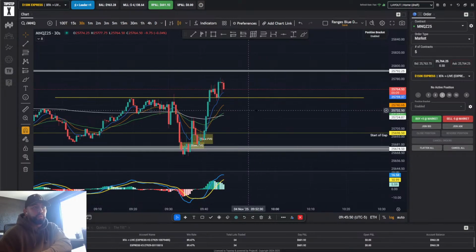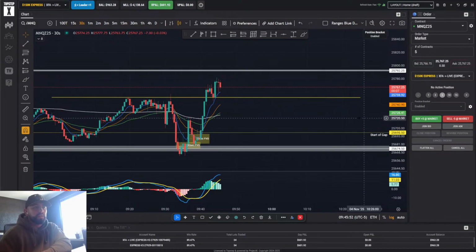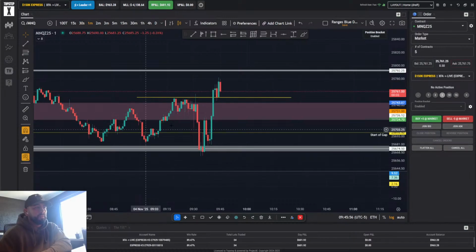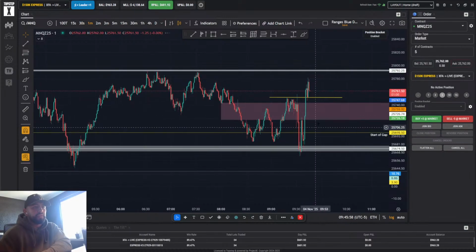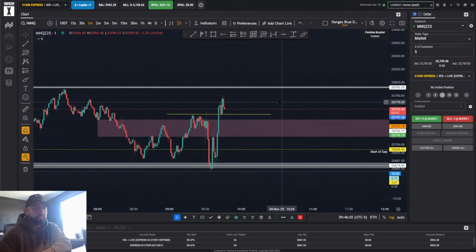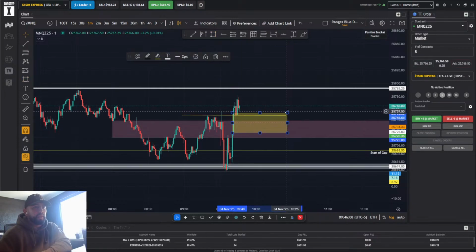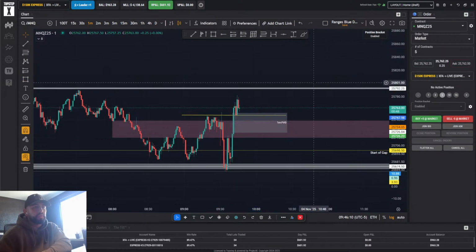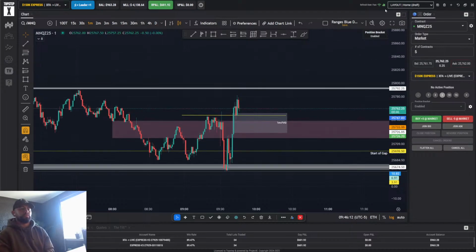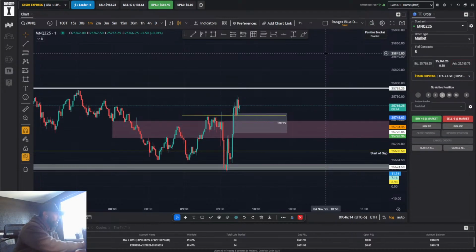Possibly a pullback here to 74s would be nice in this area. Have some buying pressure here. Want to see it get retested, see if the buyers hold, continue higher. Very nice. A 1 minute fair value gap here. Back and retest it.